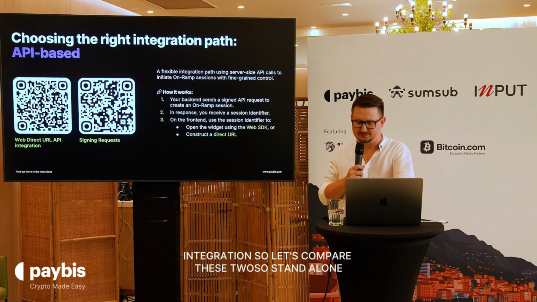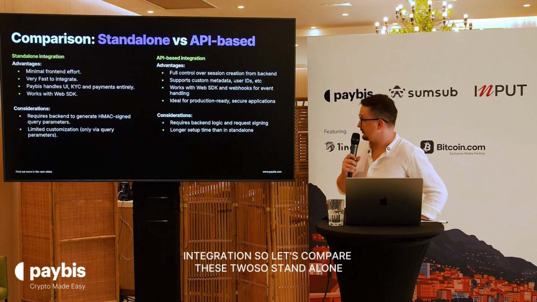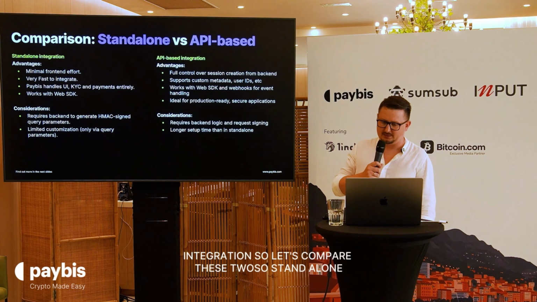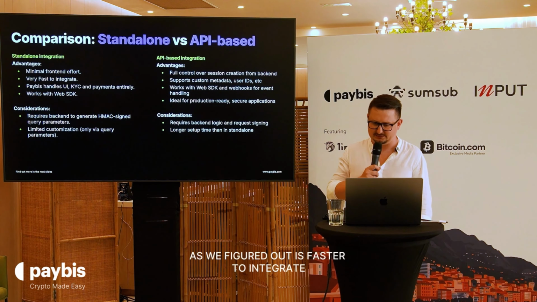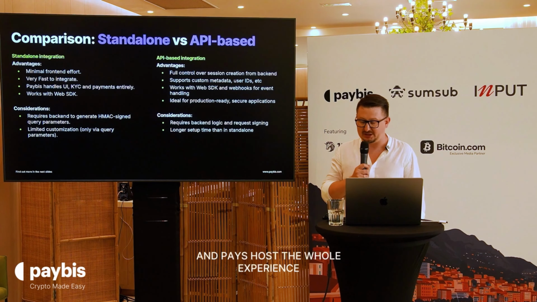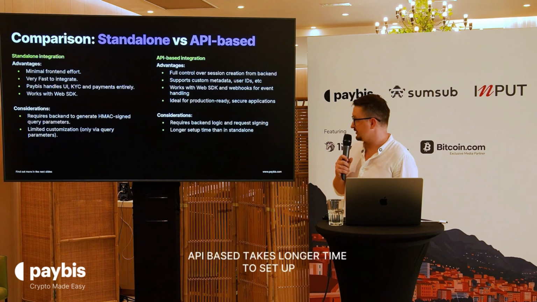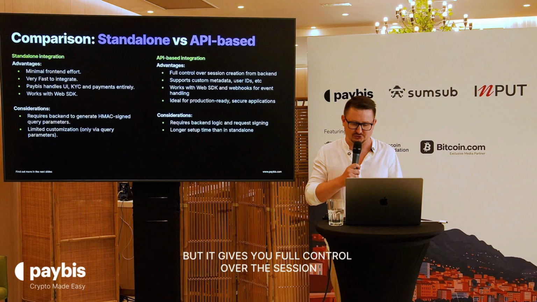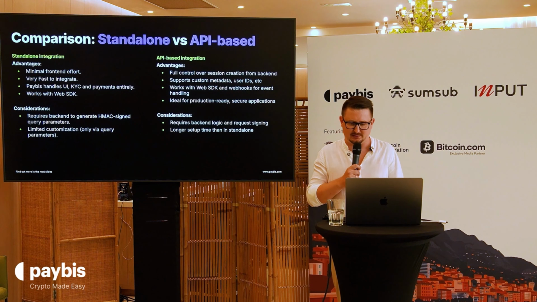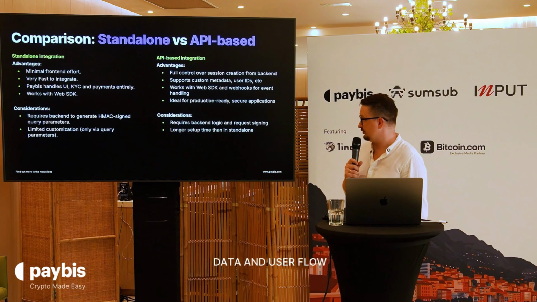So let's compare these two. Standalone, as we figured out, is faster to integrate, and Paybis hosts the whole experience. API-based takes longer to set up, but it gives you full control over the session, data, and user flow.